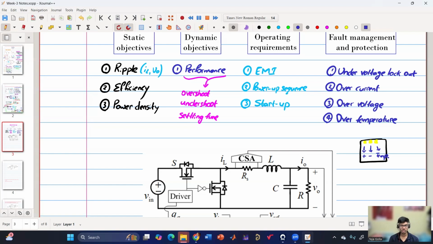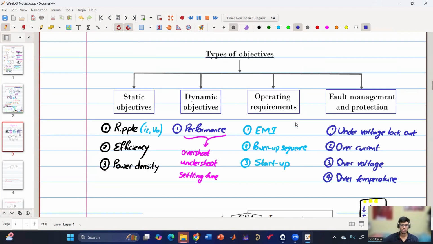It could be a mobile phone or a laptop, which has controllers inside. There are these four main objectives, and each of them is equally important when we are considering a product. All of these should be met and maintained for the safety of the user as well as the device, and to meet the requirements of the user.